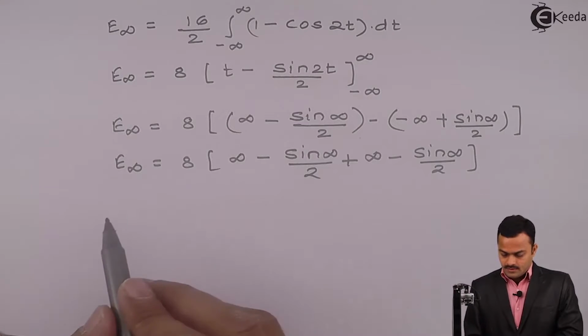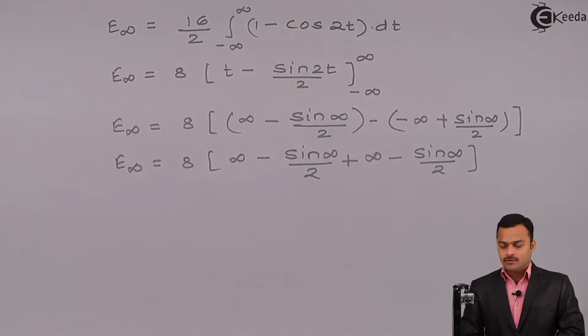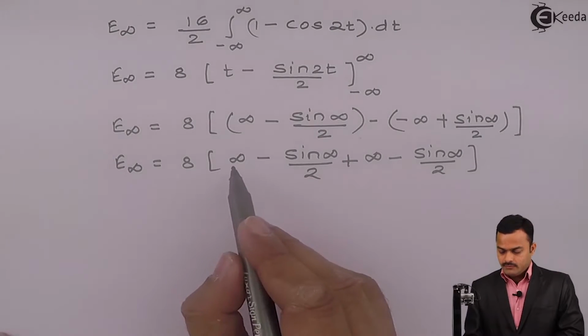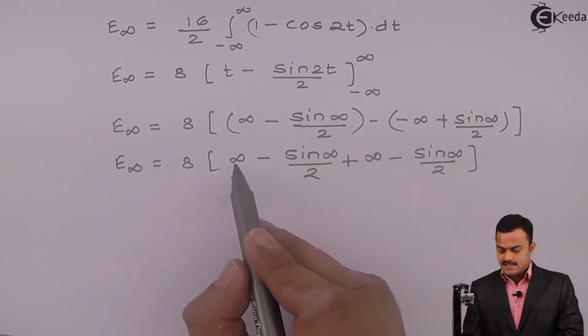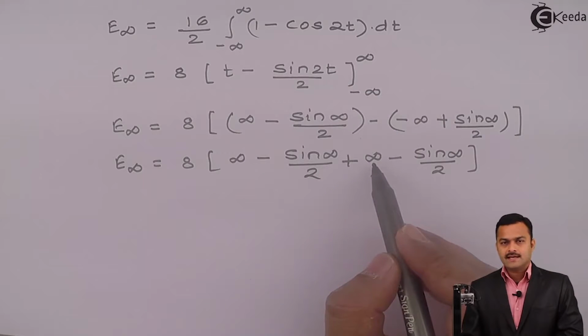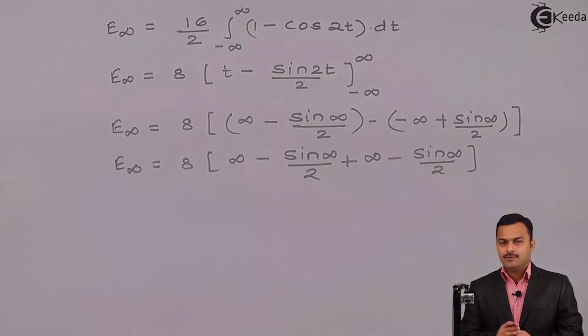Now here we need to find out what exactly this value will be. You must be thinking infinity is there, one more infinity is there, so it becomes 2 infinity. Hold on, that is not the case. Whenever infinity comes into a calculation, it always gives you the answer infinity. That means if a number is not defined, how do we define operations on that number?